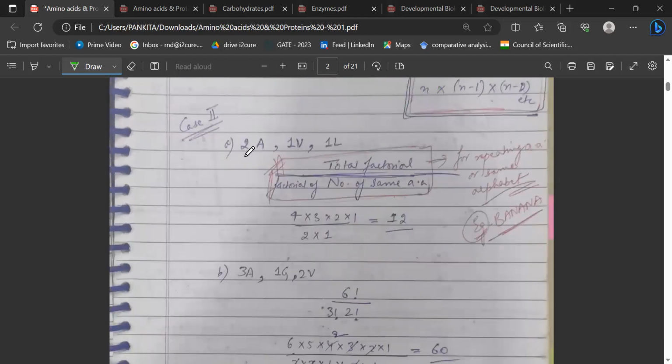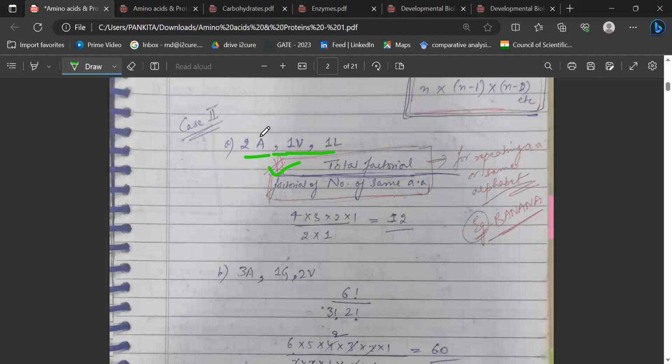Again, case 2, let's say one kind of amino acid is the same, it's in repetition, and the other 2 are not in repetition. So again, we have 4 amino acids, but in this case, since 2 are the same, we'll calculate using this formula, which is the total factorial divided by the factorial of the number of same amino acids.